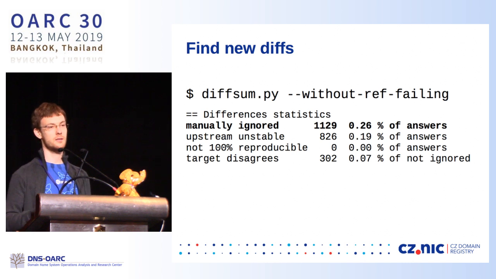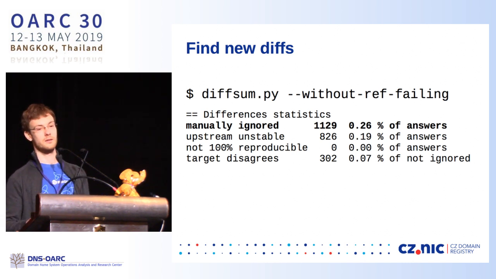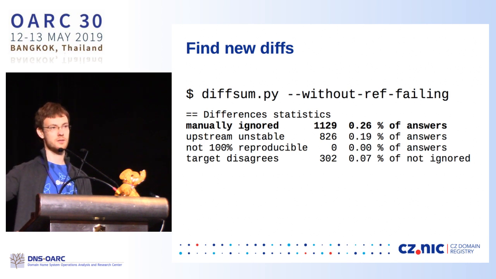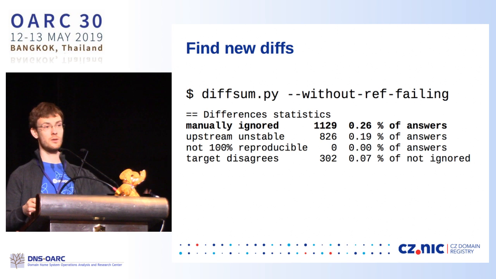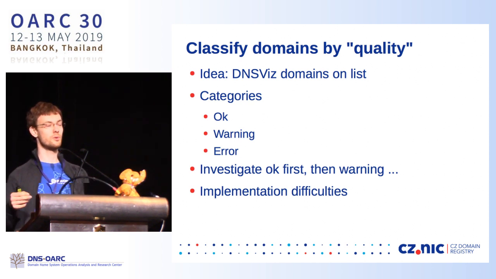In that case, we can use the parameter without ref failing, and the final report will omit all the domains which are always present in the reference set, which means that they are always failing. So we can investigate only the rest, which is new. And of course, again, I'm inviting you to come up with your own idea.